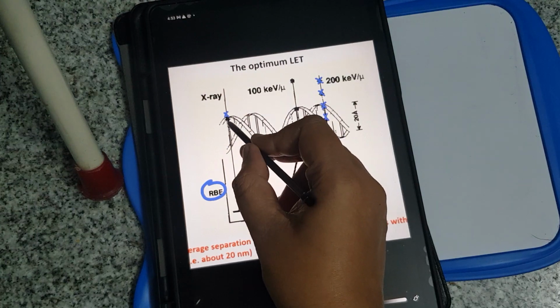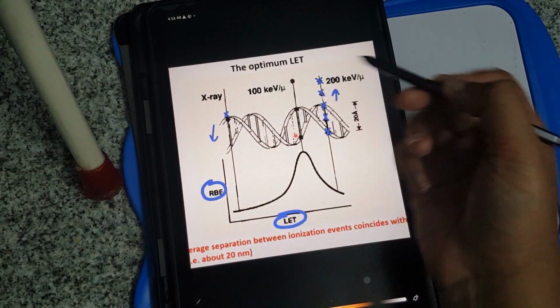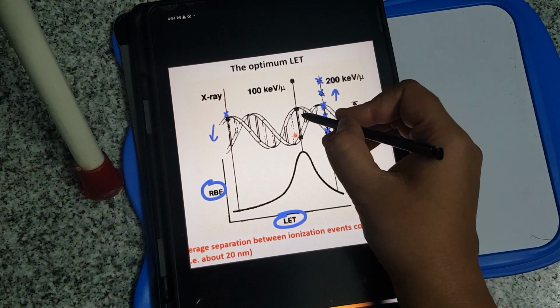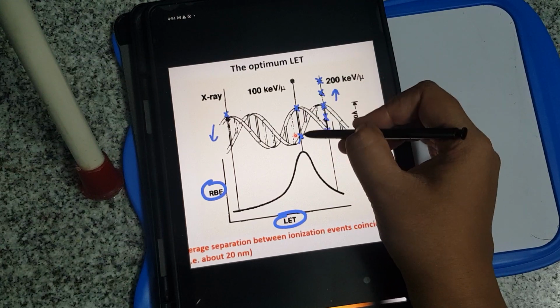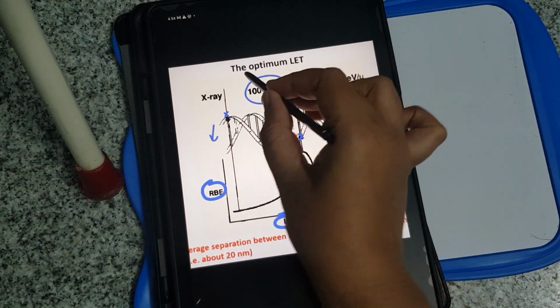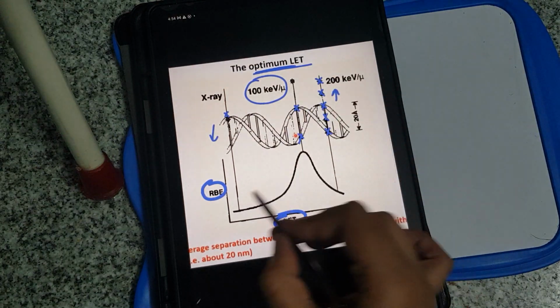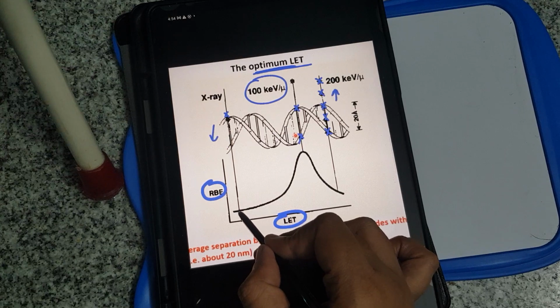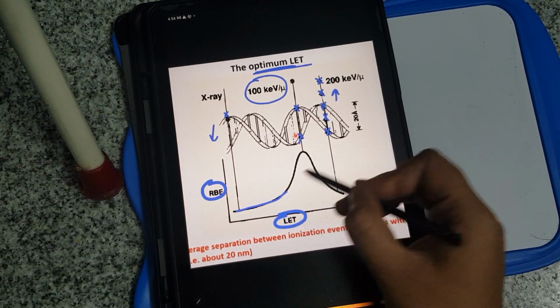So this is what we don't require, this is lesser and this is more than what we require. But what we need is this optimum damage, like the double strand break. Usually the optimum LET is at 100 keV per micrometer. So the relative biological effect increases as the linear energy transfer increases.